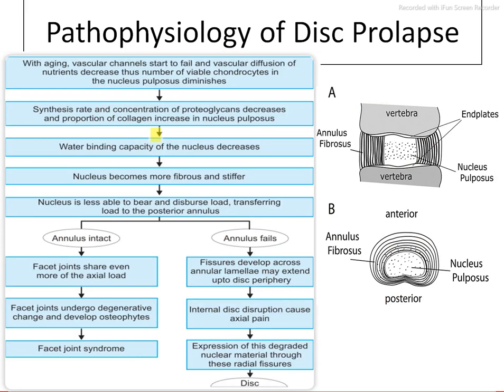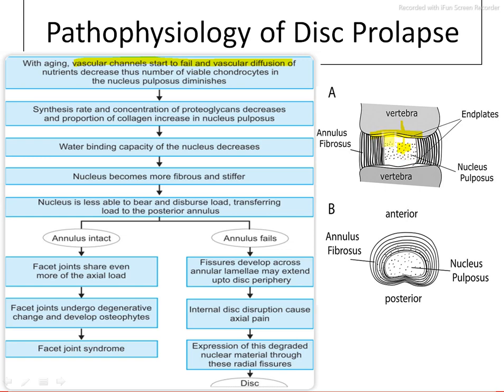So you see here, with aging, vascular channels start to fail and vascular diffusion of nutrients decreases. These are the vertebral end plates. Actually, from these vertebral end plates, diffusion of nutrition into the nucleus pulposus takes place. But what happens during aging? During aging these vascular channels fail.